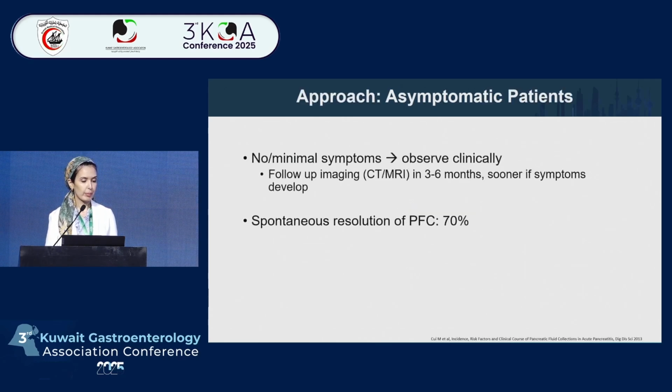For asymptomatic patients, if they have no or very minimal symptoms, historically, we used to treat these if the fluid collection was of a certain size, but more and more, we have come to see that these patients should be observed clinically. We follow up their imaging in about 3 to 6 months, sooner if symptoms develop, just to ensure that the collection resolves. Spontaneous resolution of pancreatic fluid collections does occur in about 70% of patients. So most will do fine if they're asymptomatic with no intervention.